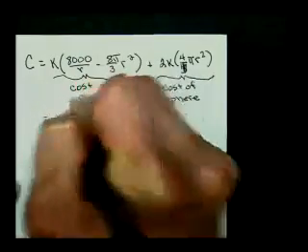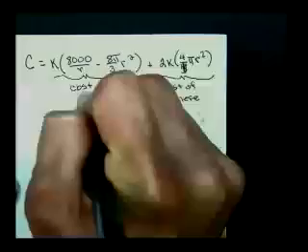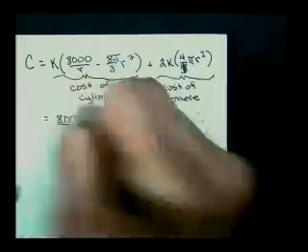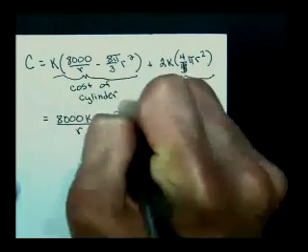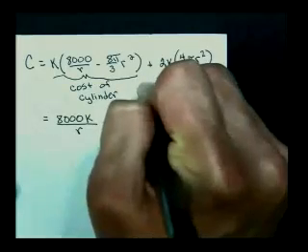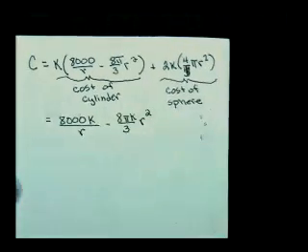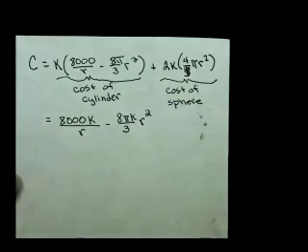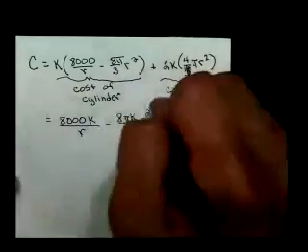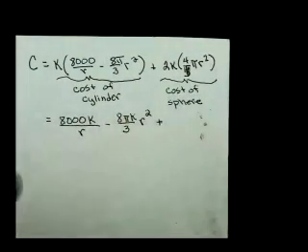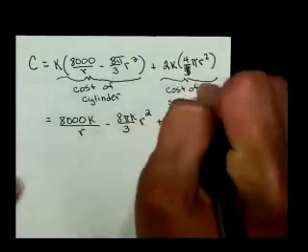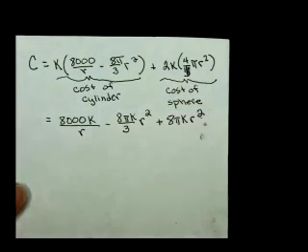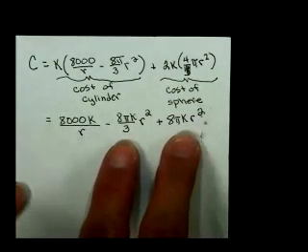8,000 K over R minus 8 pi K over 3 times R squared plus 8 pi K R squared and then combine these like terms.